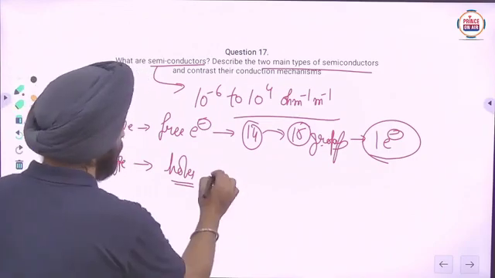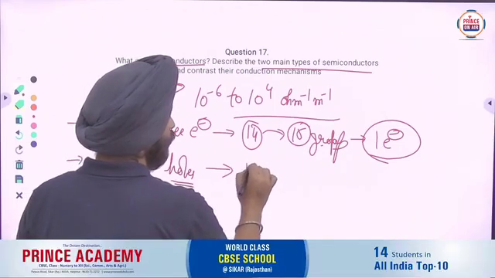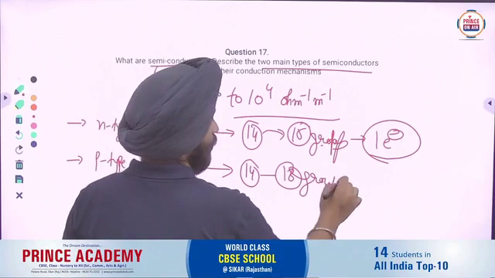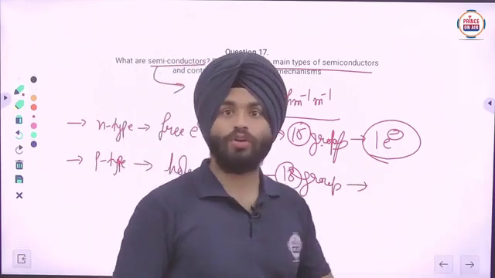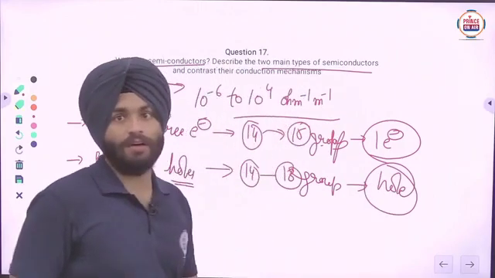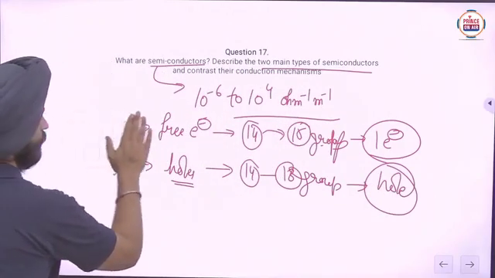Similarly, in P type, if we dope the 14th group with 13th group elements, there will be the formation of holes. So due to holes the conductivity occurs. So I will explain the mechanism in this way.